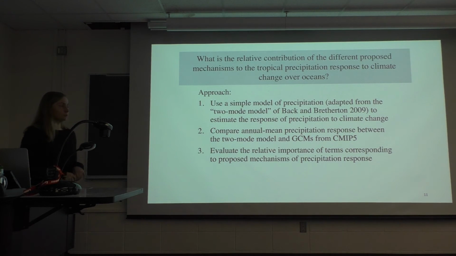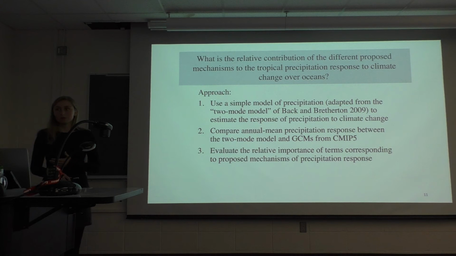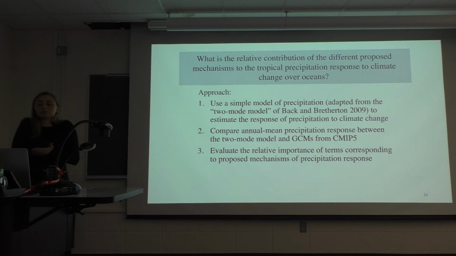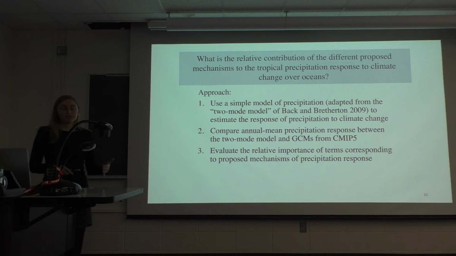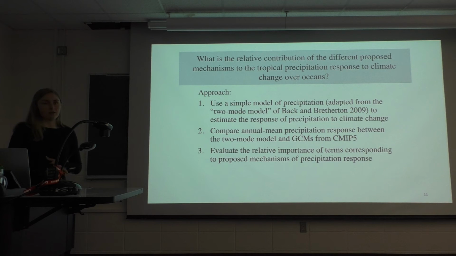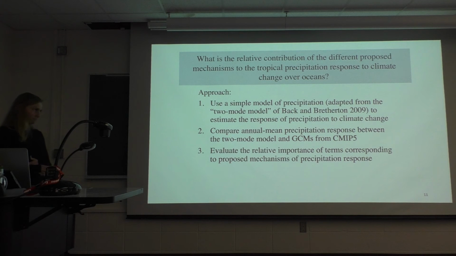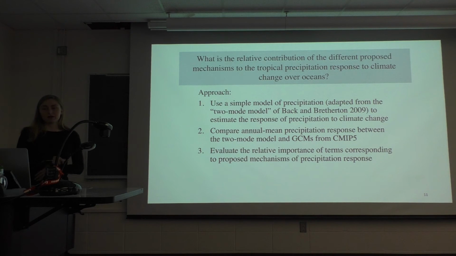Okay, so I've just introduced three mechanisms. The question I want to ask is, what is the relative contribution of these three different mechanisms to the precipitation response to climate change? In particular, we're studying the response over tropical oceans. So to answer this question, we're going to use this approach. We're going to start by using a simple model of precipitation that includes a term for each of the three mechanisms I just described.